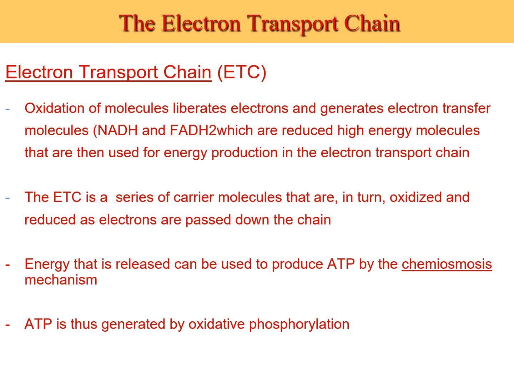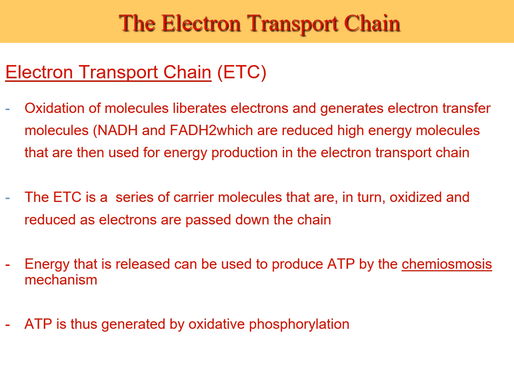Oxidation is a loss, reduction is a gain. So NADH and FADH2 lose electrons. The first molecule in the electron transport chain picks it up, then transfers it over to the next one, and then that one transfers it to the next one, and so on. So that's a series of redox reactions.